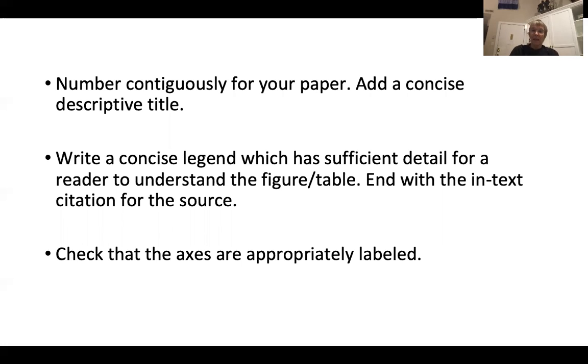The figure legend ends with the in-text citation for the source. So this needs to be referenced correctly, and I'll be talking about that in a separate video. Then you need to check that the axes are appropriately labeled, so make sure that the figure itself is complete. So I just want to show you this by giving some examples.